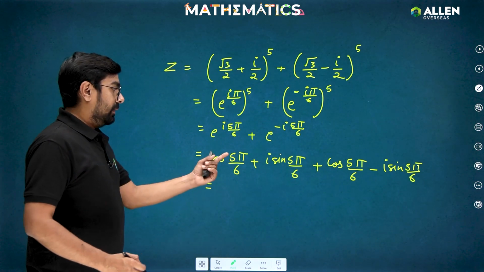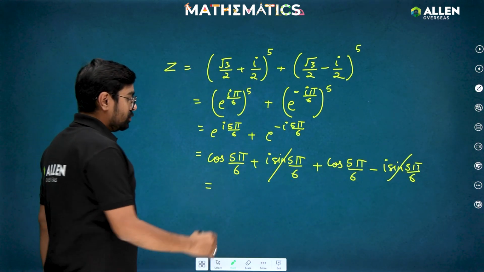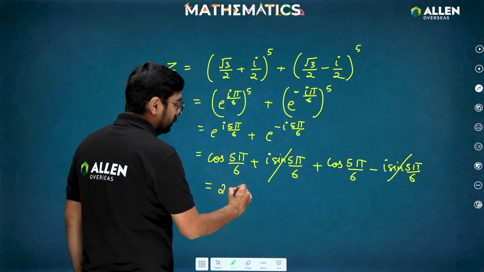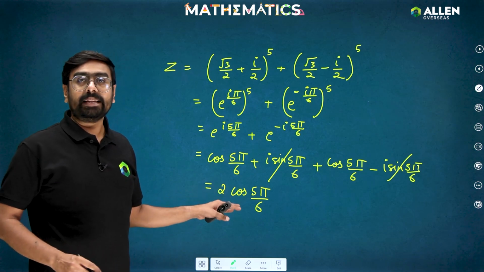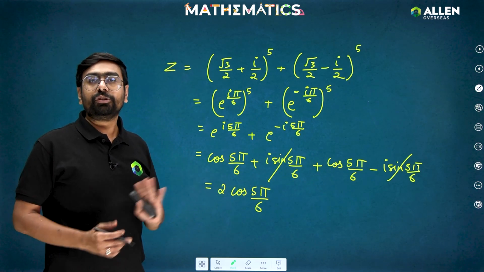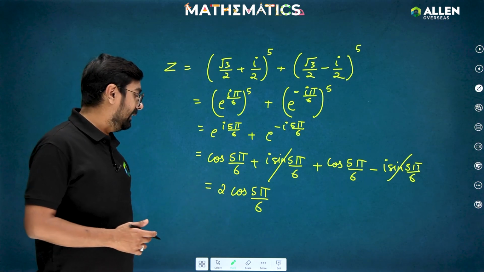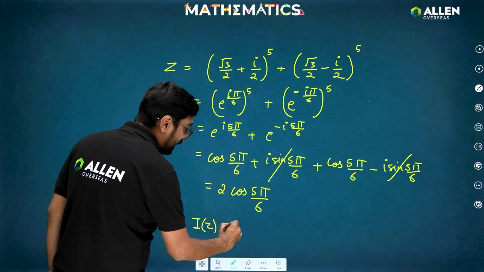And now I can simply see that the sine parts cancel out to 0. So I'm finally getting 2 cos of 5 pi by 6, which is completely real, right? There is no imaginary part left in the solution now. So this is completely real. I can always say that the imaginary part, that means Iz, is going to be equal to 0.